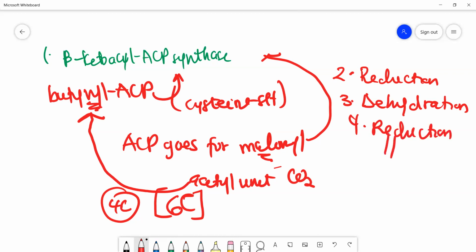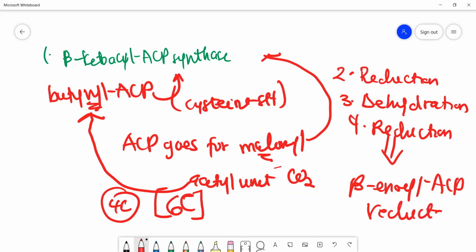At this juncture, it has the beta enoyl ACP reductase at this active site again. All of this is happening because we want to achieve 16 carbons, right? We have 6 at this point, and every cycle that we go through adds 2.